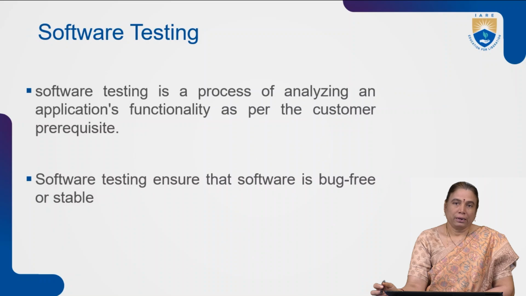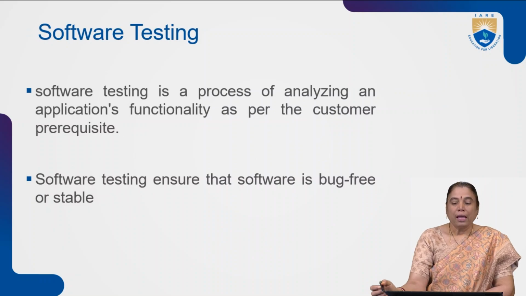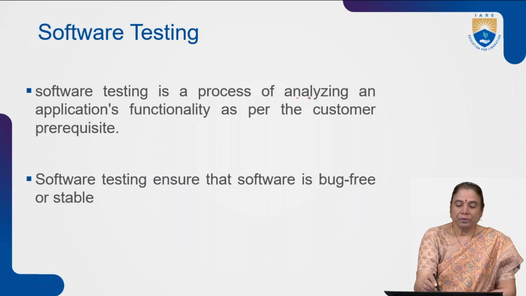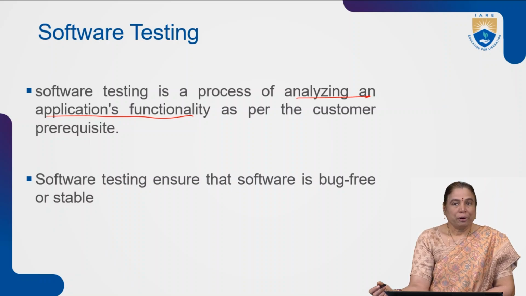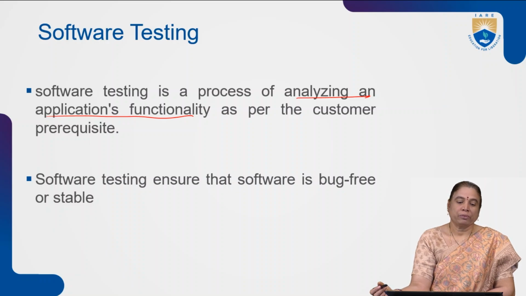What is software testing? Software testing is a process of analyzing an application's functionality as per the customer prerequisite. The requirements that are documented in the SRS, according to which the developed software is functioning or not, that verification process is called software testing.